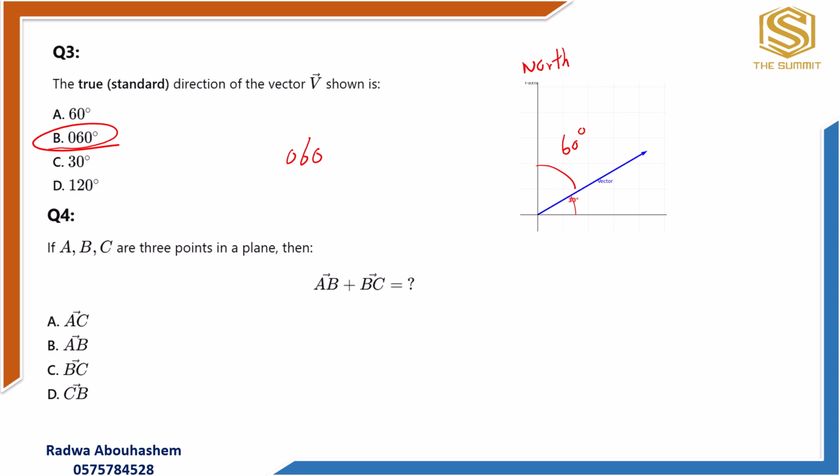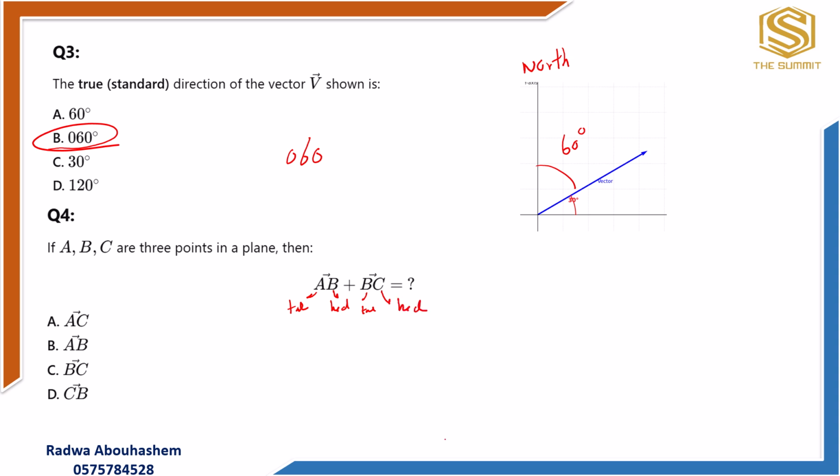If A, B and C are 3 points in a plane, then vector AB plus vector BC. This is the initial point, this is the tail, and this is the head. Tail, head.